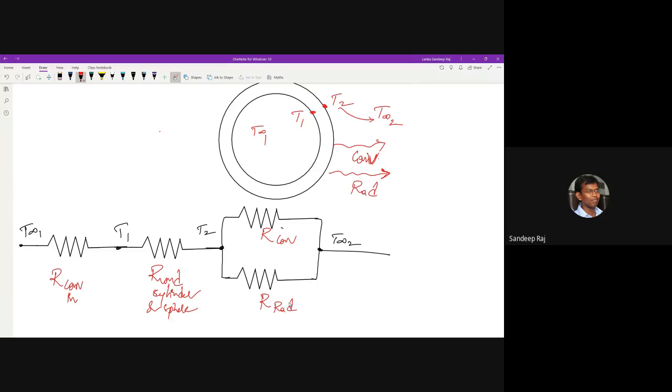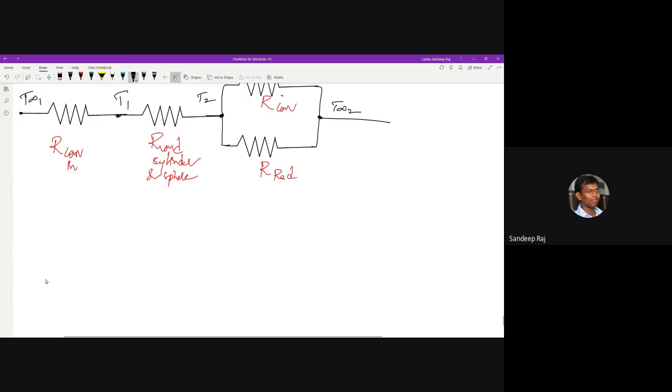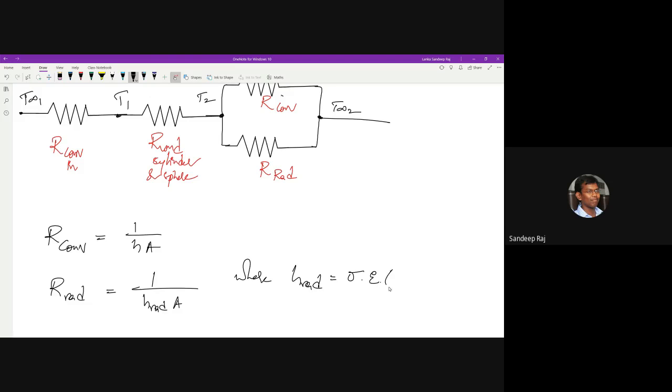If this is the case, your resistance due to convection is equal to 1 by hA. But resistance due to radiation is 1 by h radiation into A, where h radiation is equal to sigma into epsilon into (T1 square plus T2 square) into (T1 plus T2). That's how the h radiation is defined.